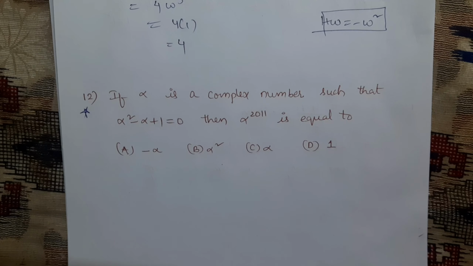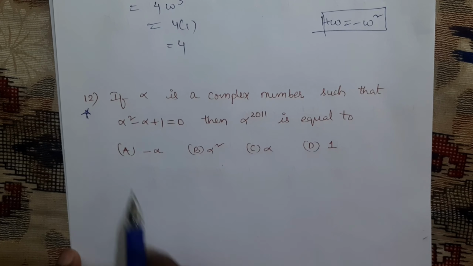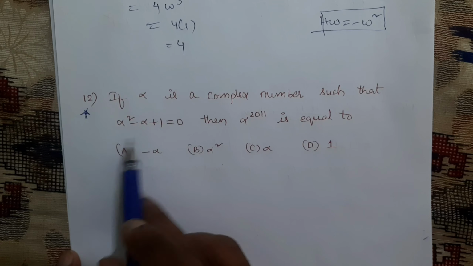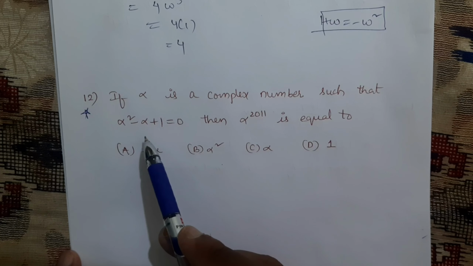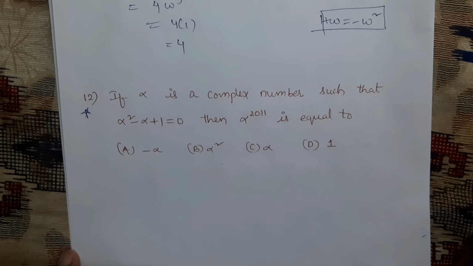They ask alpha square minus alpha plus 1 equal to 0. If we simplify this, first of all we can find the alpha value, then that alpha power 2011 we need to find. Not only 2011, any value we can find. So first we need to find the value of alpha.